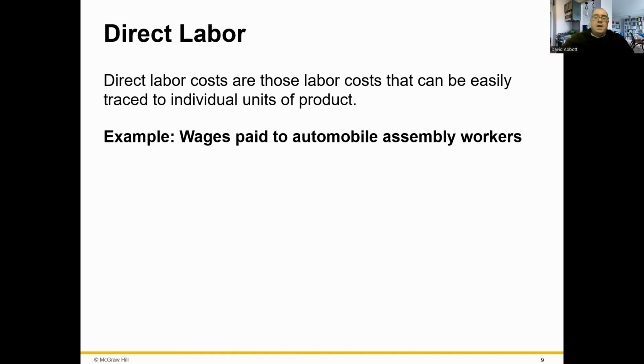So for example, somebody that works, let's say, at the Ford factory, and they're building, I don't know, Ford Fiestas, which they don't even make anymore, which is just a small little four-door sedan or hatchback. So somebody that's working in the factory actually putting those together would be direct labor.